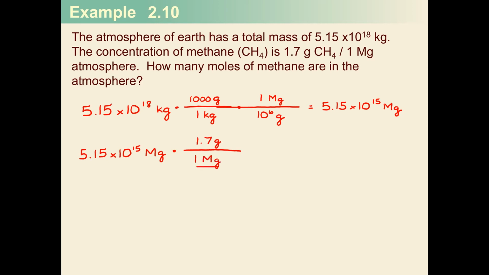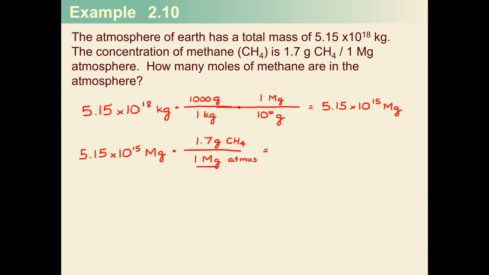But it's really important that we label which one we're getting. So the 1.7 grams is going to be our methane, while our megagrams is going to be our atmosphere. So if I do this calculation, I should end up getting a correct number of our grams of methane.